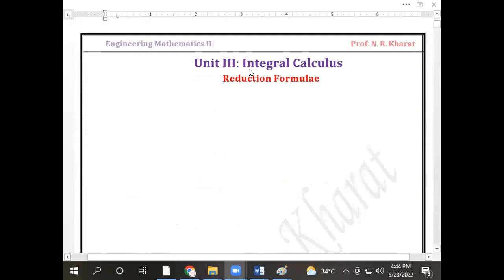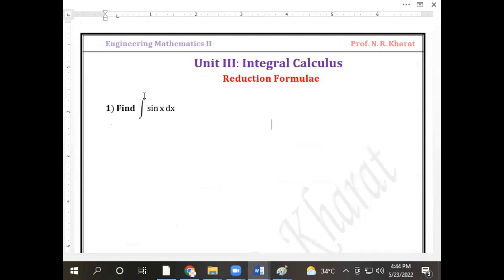Unit number 3, integral calculus. In that we will see what is meant by the reduction formula. So first we need to know why we require the reduction formula. For that we will just see a simple integration. Here we have to find the integration of sin x.